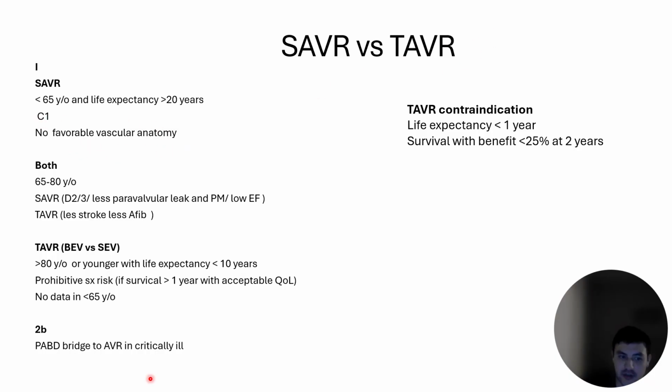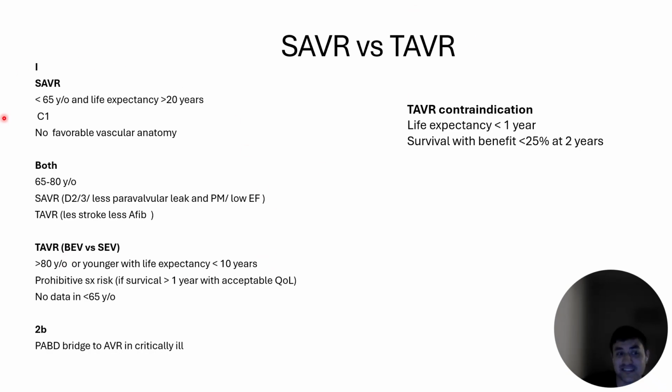So, in a nutshell, you use TAVR when the patient is more than 80 years old and the lifespan is less than 10 years. Why is that? In the prior 2020 guidelines, we didn't have enough information. Right now, you are seeing TAVR lasting 15 years, but we need more information. So right now, the recommendation is if the patient is more than 80 years old and lifespan is less than 10 years, choose TAVR.